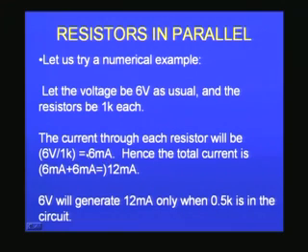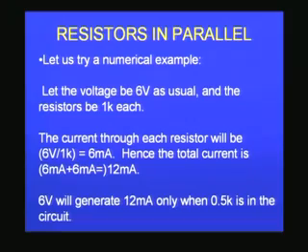So 6 milliamperes of current flows through R1, and again 6 milliamperes flows through R2, and therefore the original current which divided into the two resistors will have to be 6 plus 6 or 12 milliamperes.